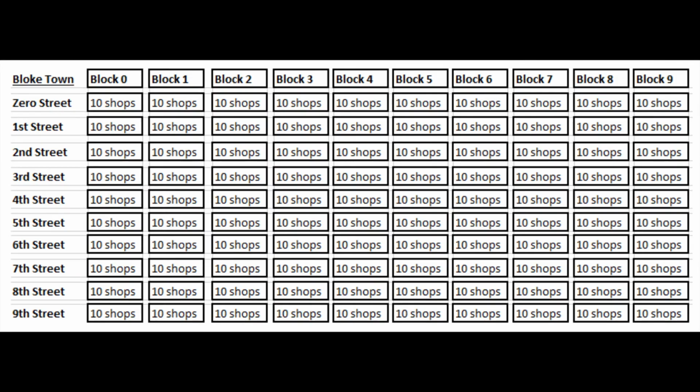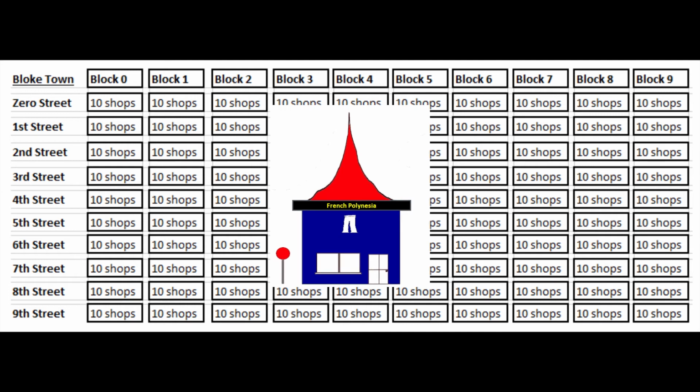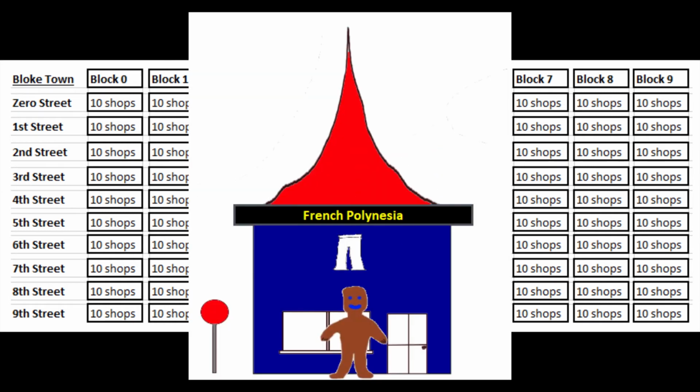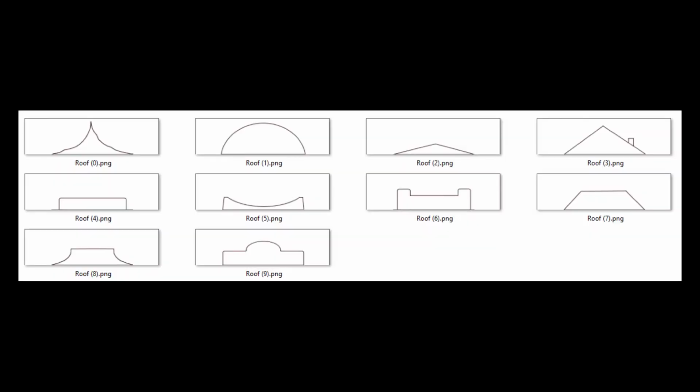For the list of 1,000 places, and to remember them in sequence, I prepared buildings as if they're on a street, and the roof of a building would indicate the first digit of a 3-digit number. So I have 10 roof images representing digits 0 through to 9.